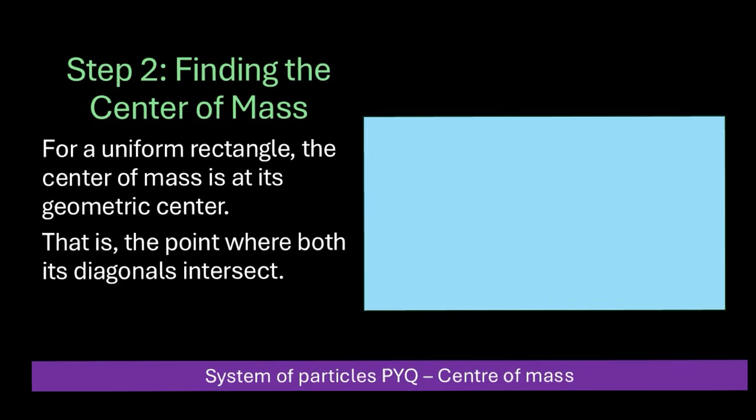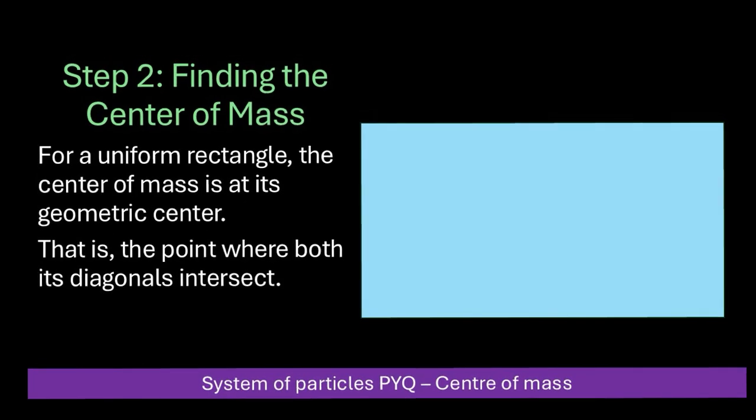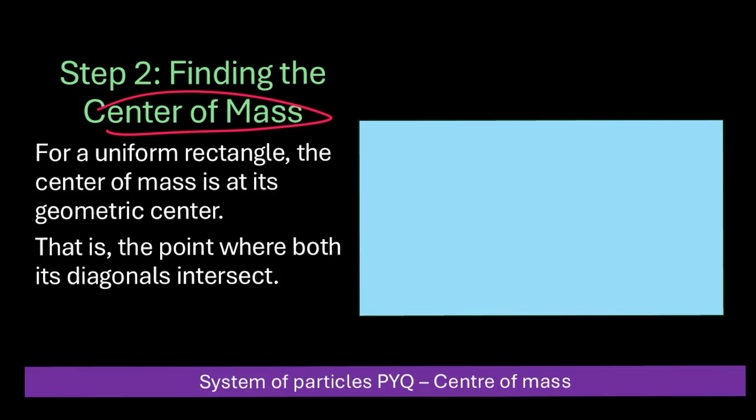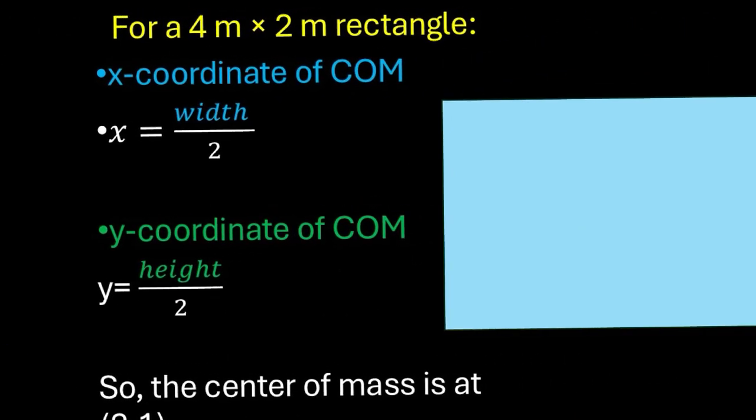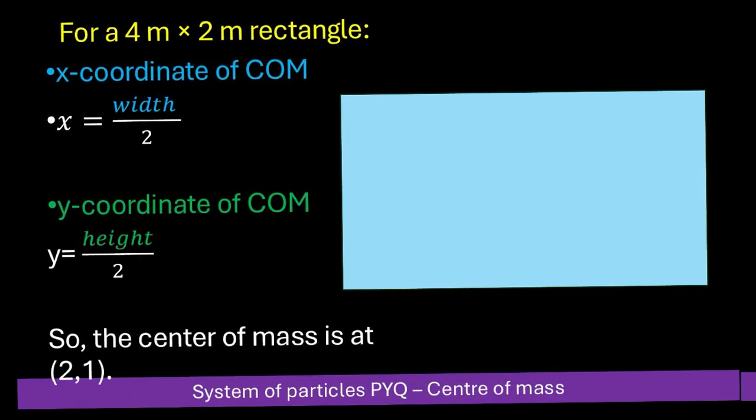Once we find out the mass distribution, then we can find out the center of mass, which in this case will be the point of intersection of the rectangles, right? Now, for a 4 by 2 rectangle, the x coordinate of this rectangle would be width by 2, which means if I assume this much to be the width, then the center of mass coordinate over here will have both x and y.